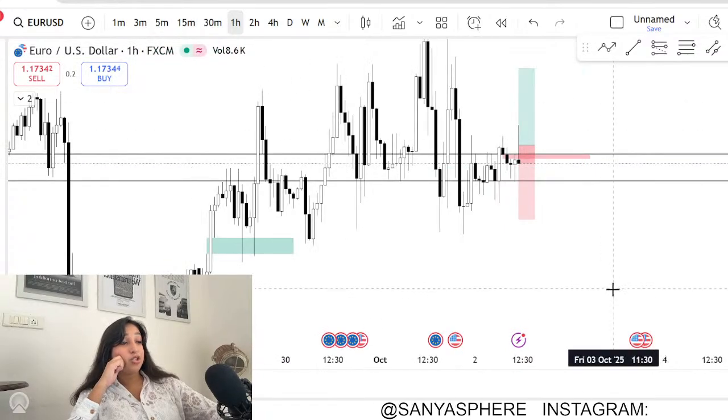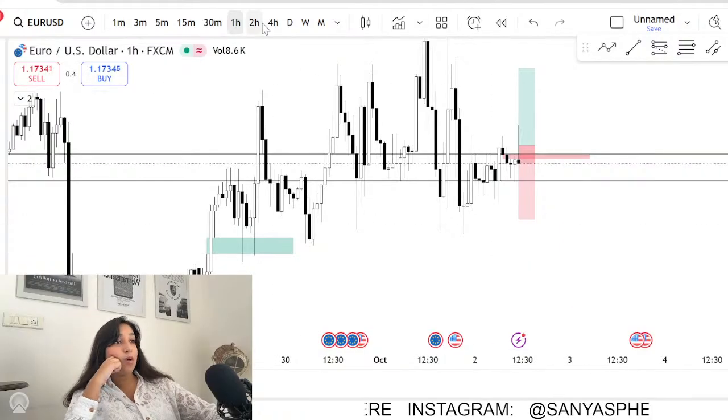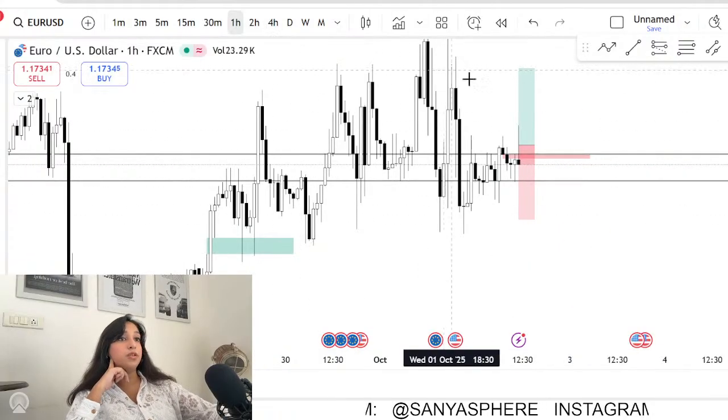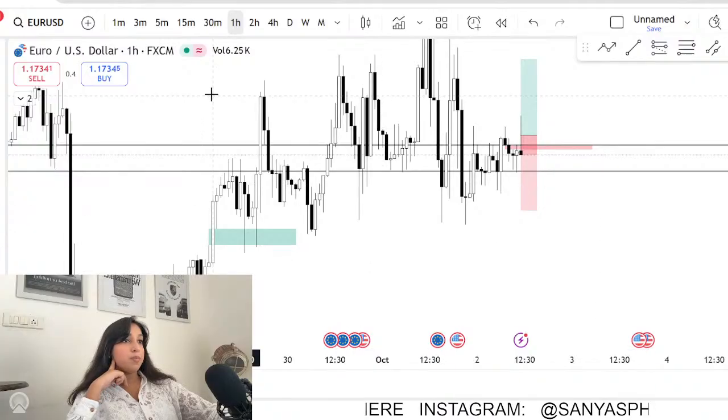Might be that we can hit the stops also today, because if you come on the higher time frame and it grabs the liquidity of the higher time frame, so it might be that.